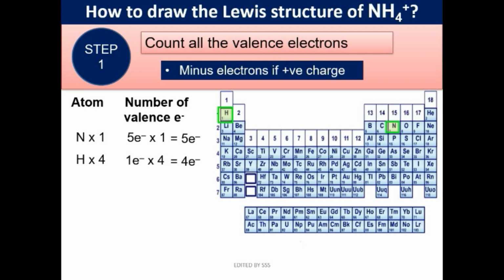Don't forget to deduct 1 electron because of the positive 1 charge of ammonium ion. Now, total number of valence electrons is 8.